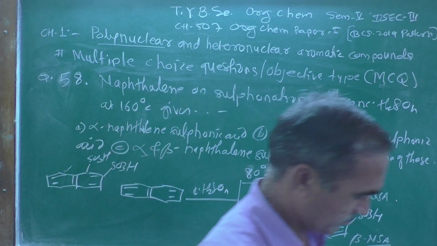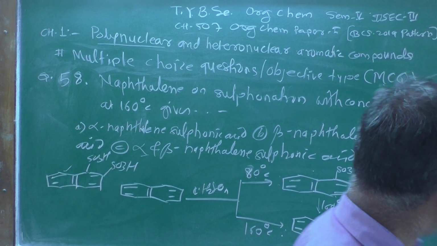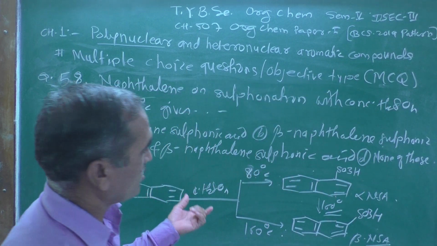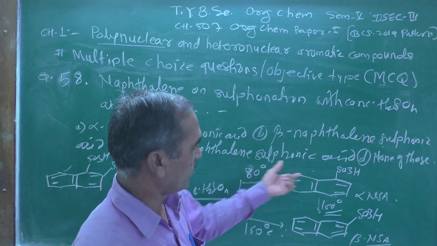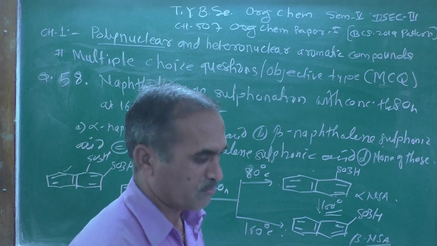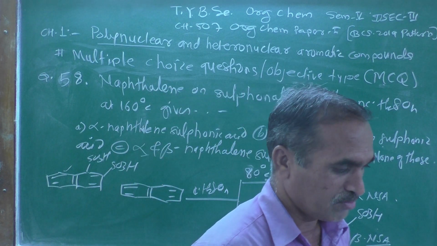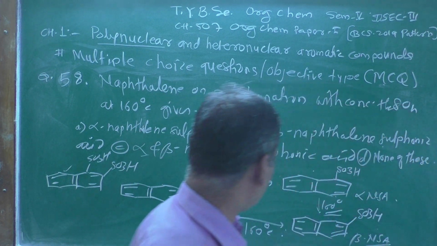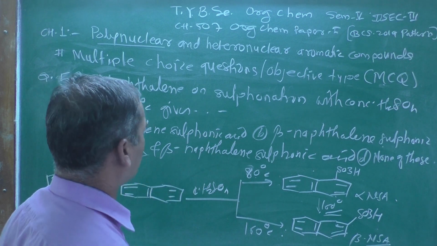So the reaction is time and temperature dependent, and therefore at 80 degrees we get alpha sulfonic acid, whereas at 160 degrees the product is beta naphthalene sulfonic acid.